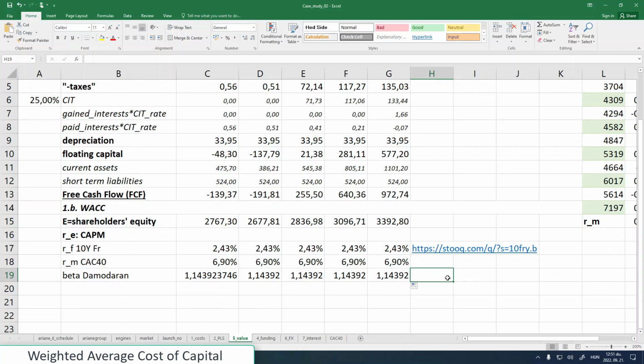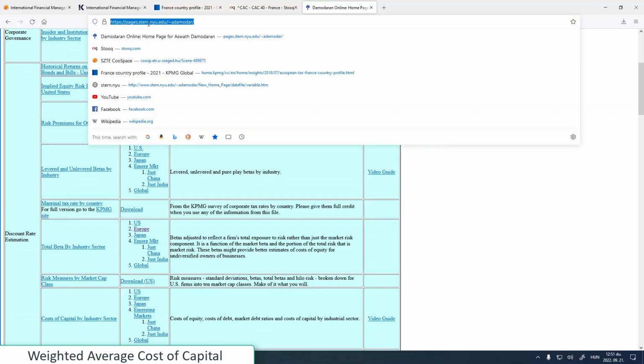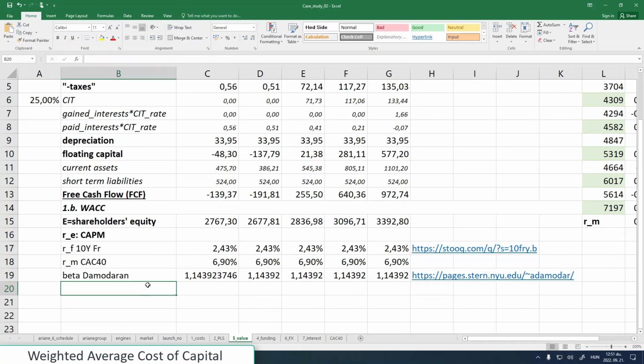Okay, and let's put here also the URL. Then we can build this thing up because now we have all the necessary information.